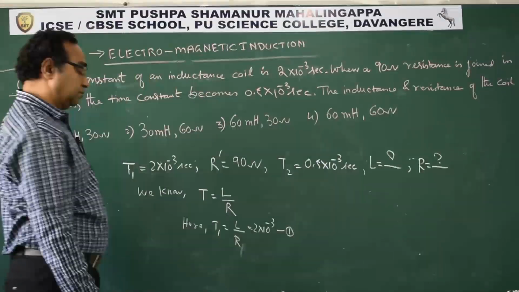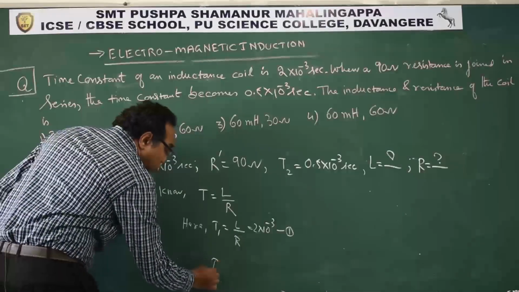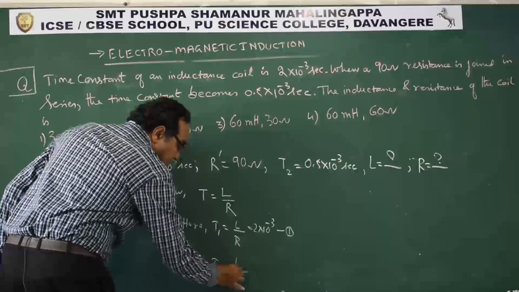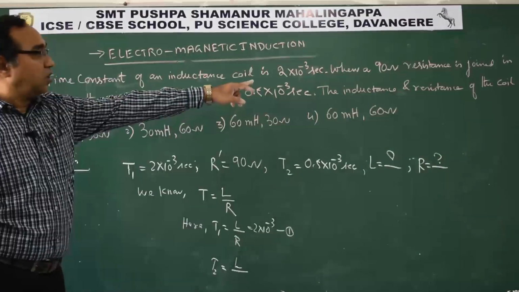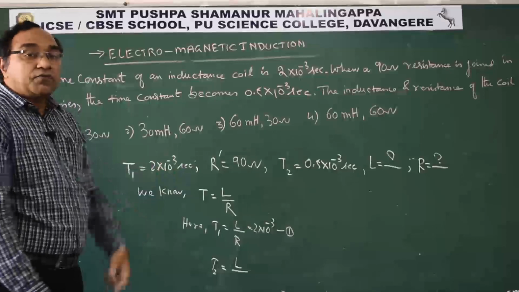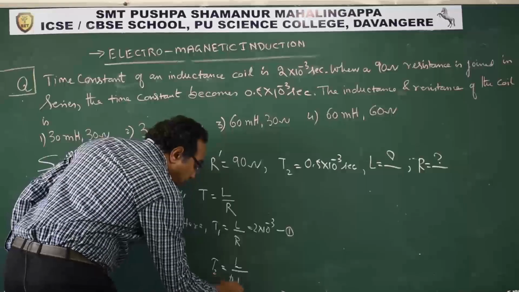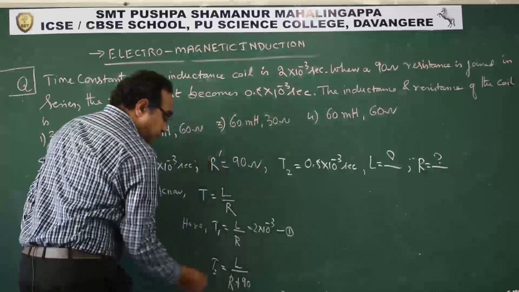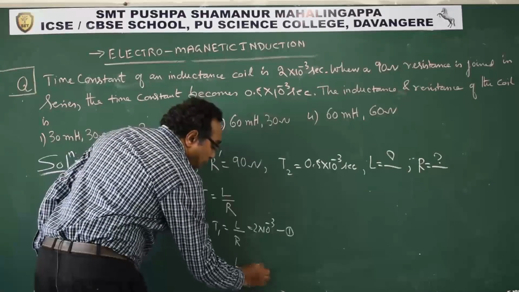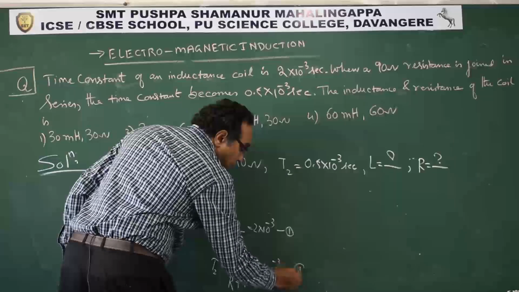This is one equation we got. What about the second equation? Second equation, T2 is L by... question says we are not doing anything to L, but 90 ohm is connected in series. So what will be the effective resistance now? R plus 90. This is 0.5 into 10 power minus 3. So this is your second equation.